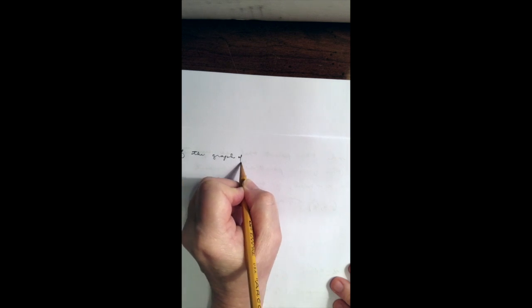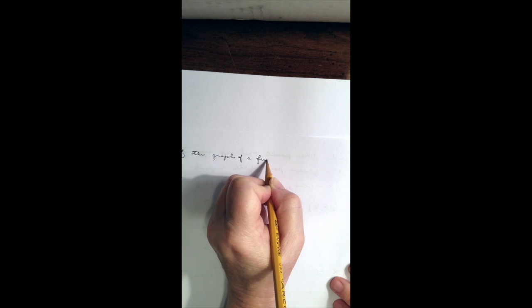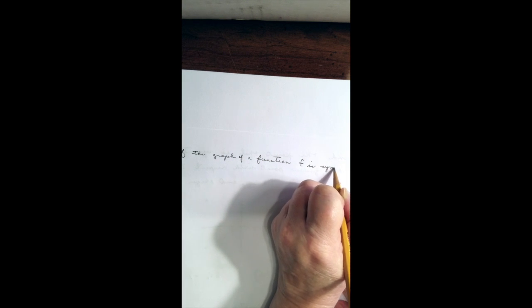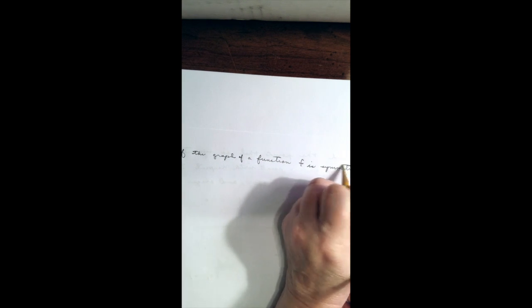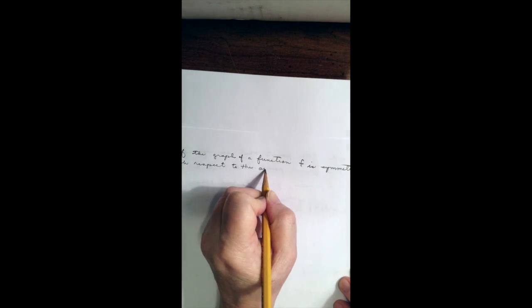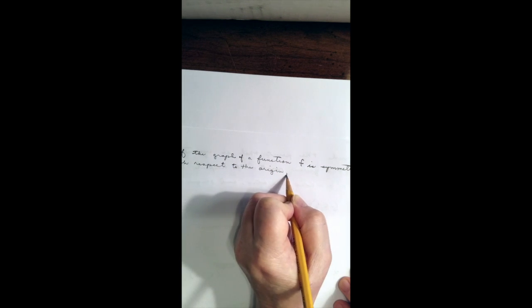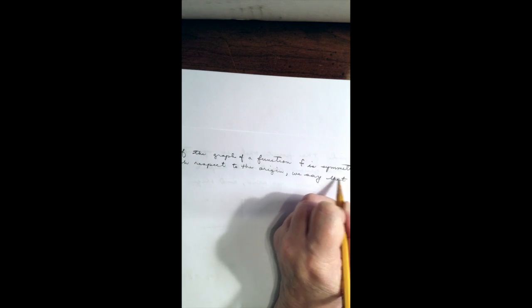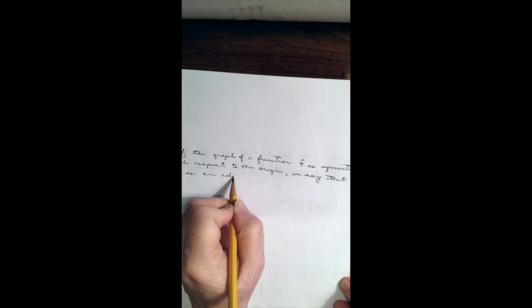And then if the graph of a function f is symmetric with respect to the origin, we say that it is an odd function.